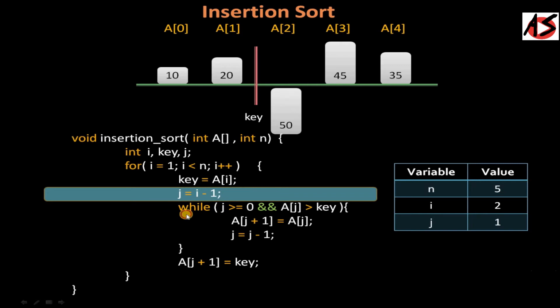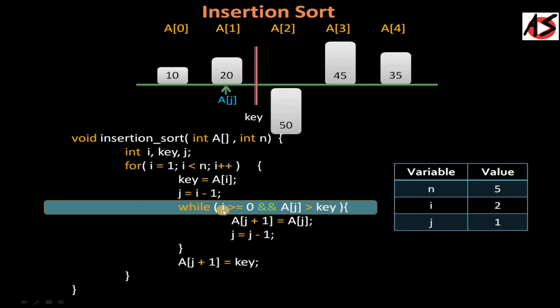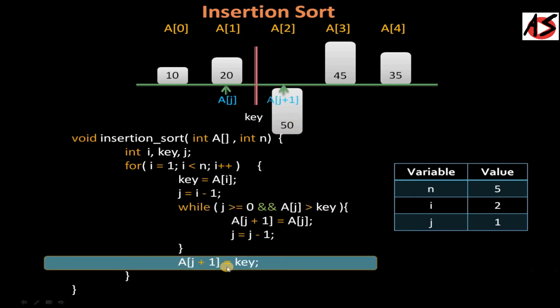Now you check the while loop conditions, that is j greater than or equal to 0. j is equal to 1, so it is greater than 0. You check the second condition, A[j]. A[j] is now 20 and it is not greater than key, which is 50. So the condition is false. So we execute this instruction, that is A[j+1] equal to key.